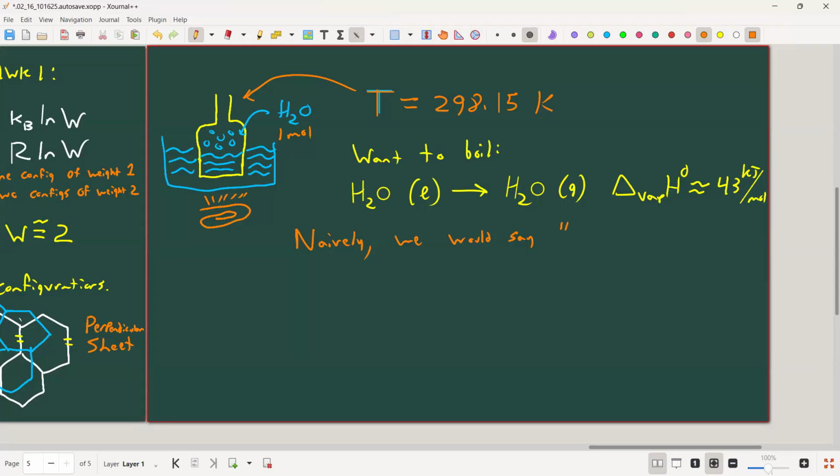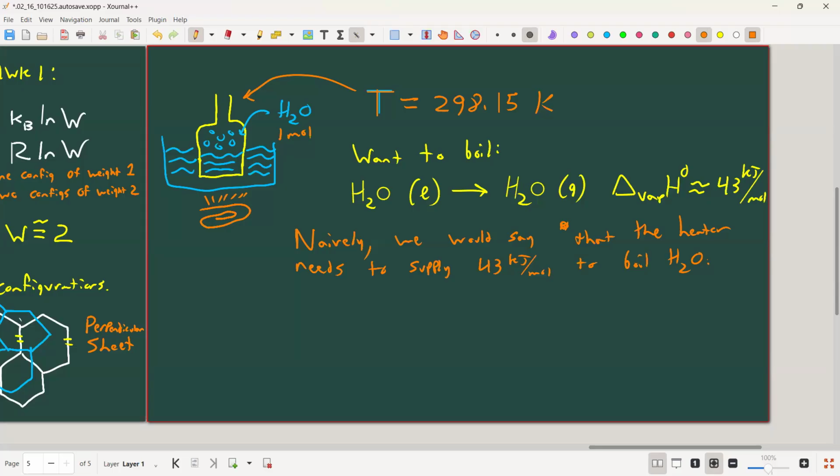We would say that the heater needs to supply 43 kilojoules per mole to boil the water. Okay, so we turn our heater on. What happens to the water when we turn that on?